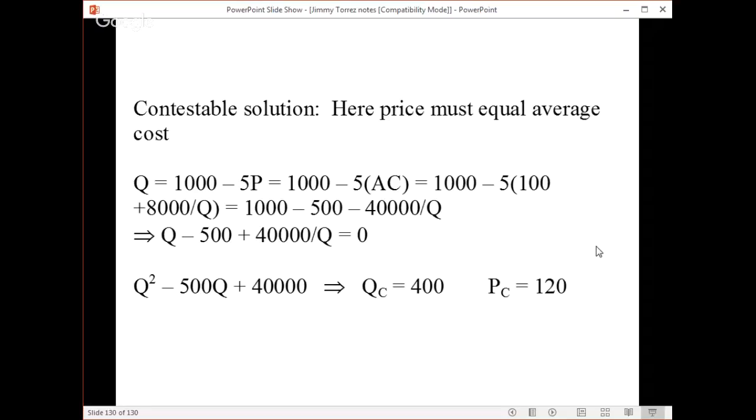I set P equal to average cost, so I get 1,000 minus 5 AC, and my average cost is just dividing total cost by quantity Q. So 1,000 minus 5 times (100 plus 8,000 over Q), right? That equals 1,000 minus 500, or 500 minus 40,000 over Q.